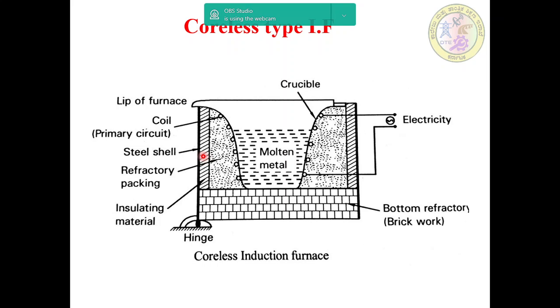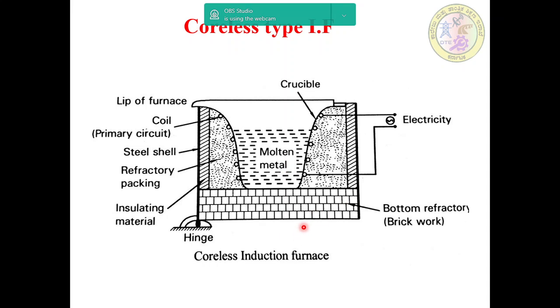The top front end of the furnace is in the form of a lip or spout to facilitate the metal to flow. This is the lip of the furnace, you can easily pour. The inside portion of the former determines the furnace capacity.